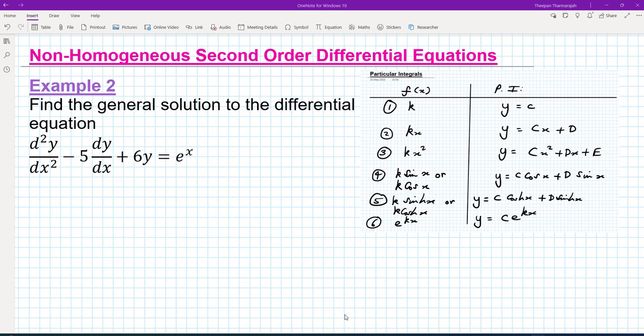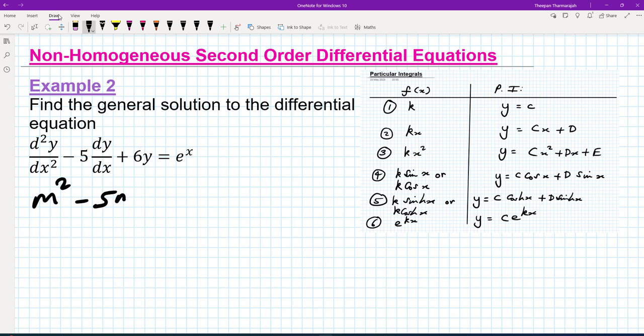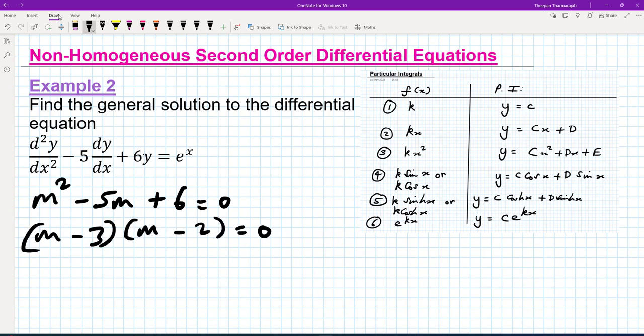In this type of question, we first form our auxiliary equation, which is m squared minus 5m plus 6 equals 0. We've done this in previous videos, so we get (m minus 3)(m minus 2) equals 0. Therefore the roots are m equals 3 or m equals 2.